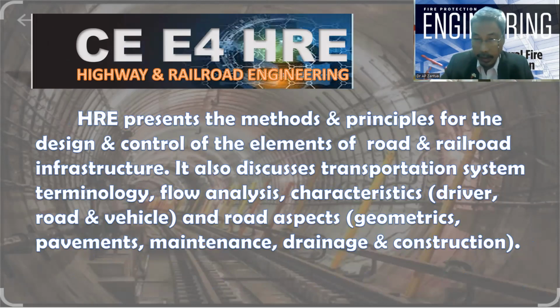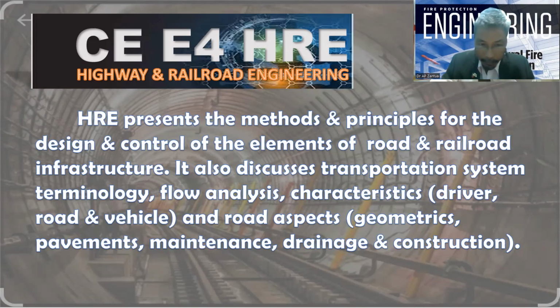So these are the factors involved. Okay, whatever happens on the road, there must be driver, road, and vehicle. Okay, and road aspects, meaning geometrics, or the shape and the dimension.